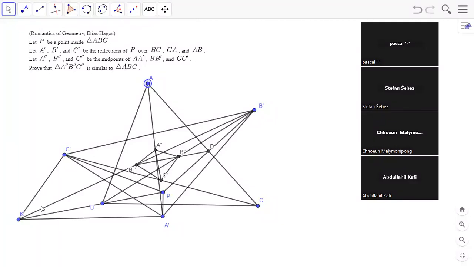Wait a sec. What is going on? This triangle is not similar to ABC. So what am I missing here?